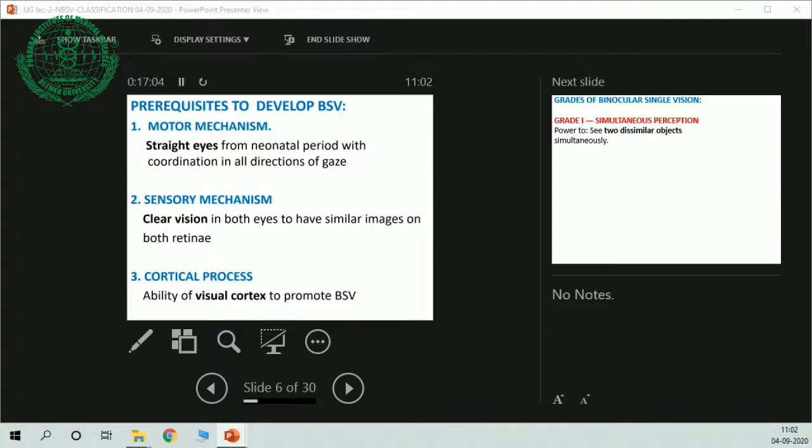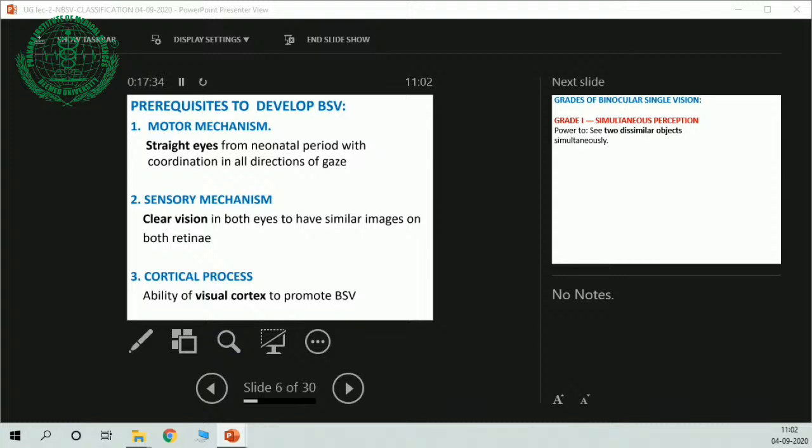Again, the sensory mechanism: clear vision in both eyes to have similar images on both retinas. Not only the same point, the fovea, but the same quality of image on the fovea is also required. Is that clear? Not only the position of the two foveas where the image is forming, but what is the quality? If the right eye has 6/6 vision and the left eye has counting fingers, will there be a correlation?